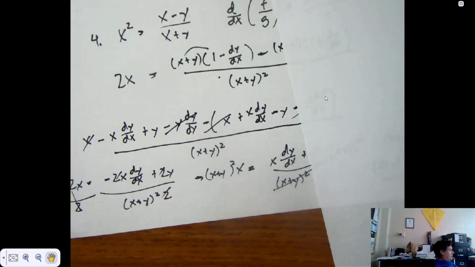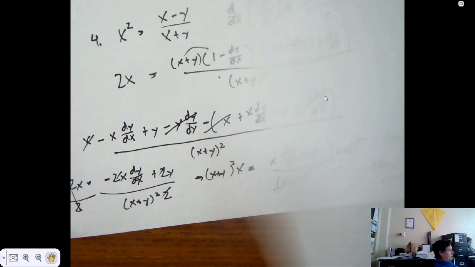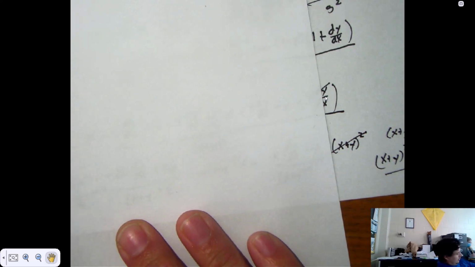What number was that, Maddox? 28. What do you got in store from here? Ooh, something with exponents. X to the 2/3 plus y to the 2/3 is 1. Well, that's actually not too bad.